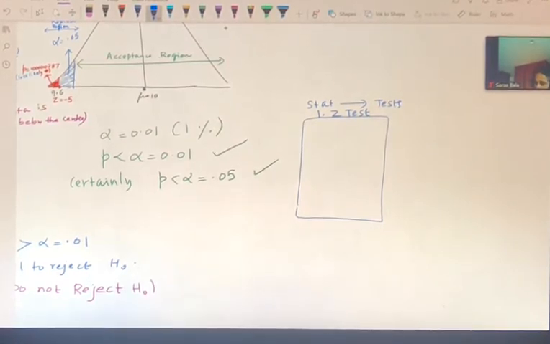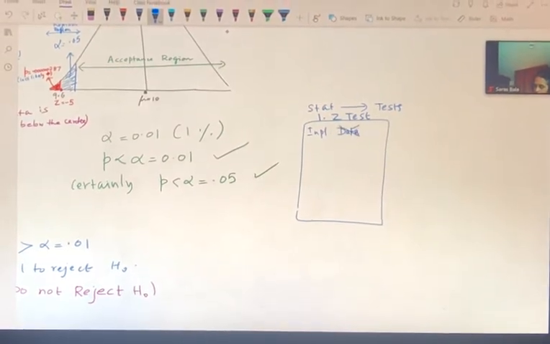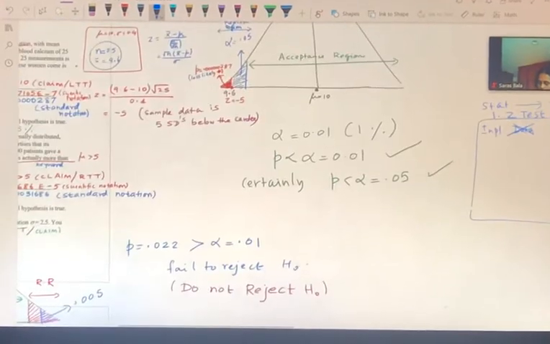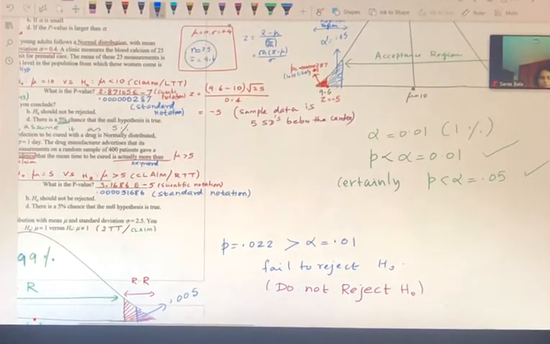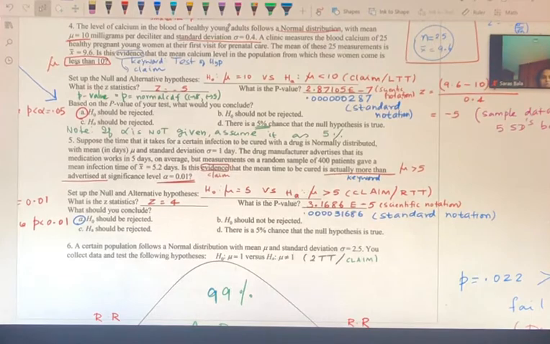So here it is the input, and then data. You're not given the data for 400 observations. You see that you have a sample of 400, but you are not given the 400 observations in your data. You are given the mean of the 400 patients, which is 5.2. Is that right? All right.